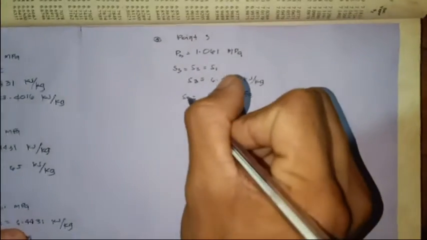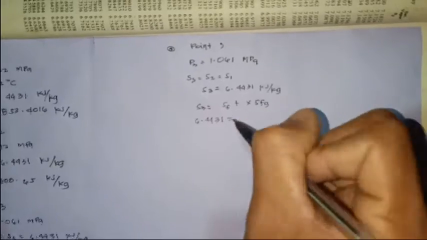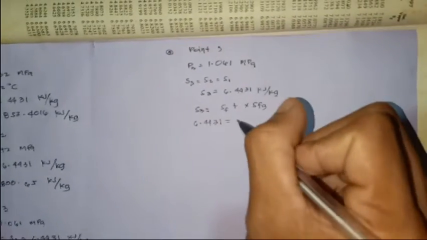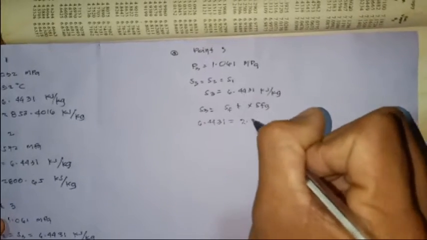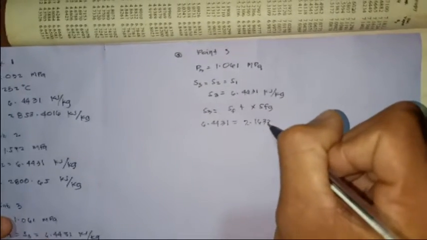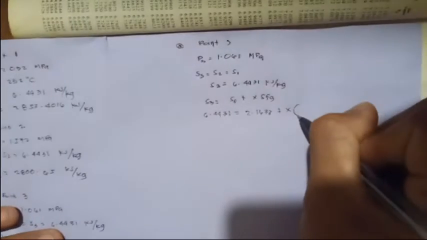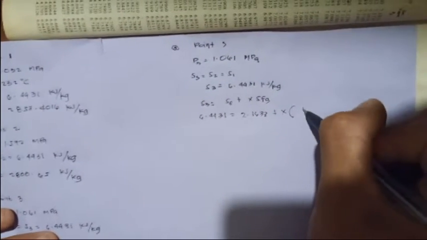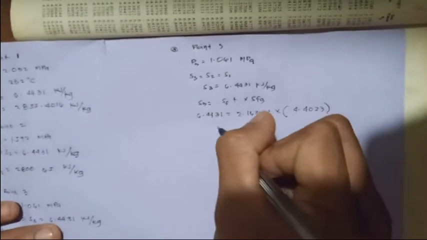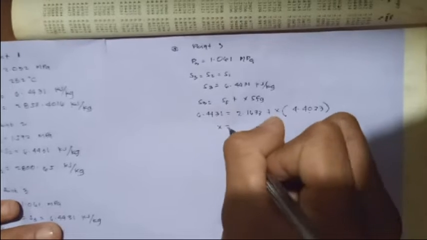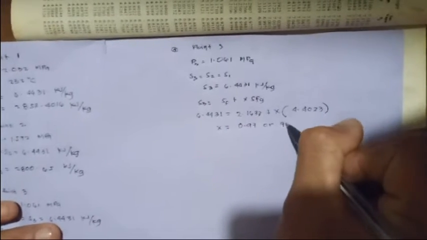Since we have the value of S3, 6.4431, and the SF is 2.1633 using the steam table, plus X times the value of SFG, 4.4023, we can get the value of X, where X is equal to 0.97 or 97%.